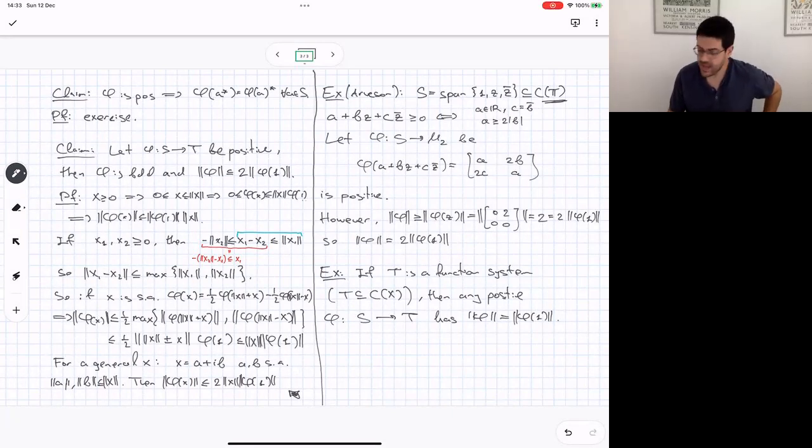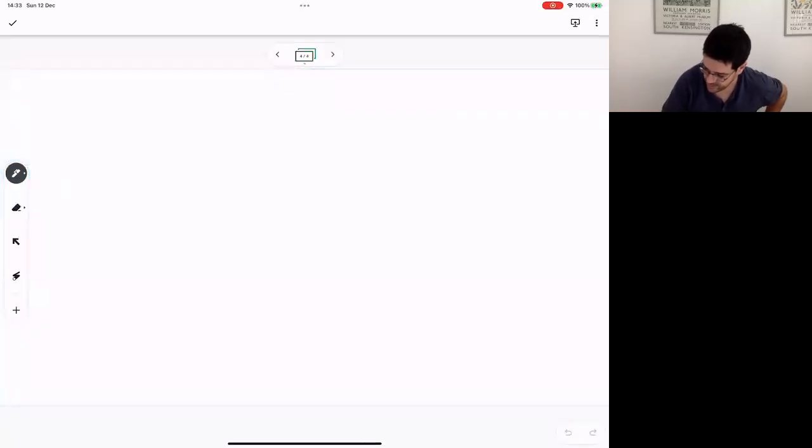Okay, but now, so of course, when we have a positive function, maybe let me write this. I'm moving to the fourth page.